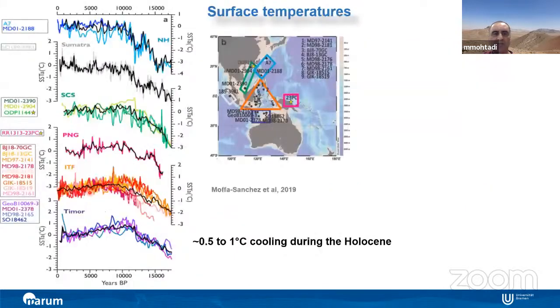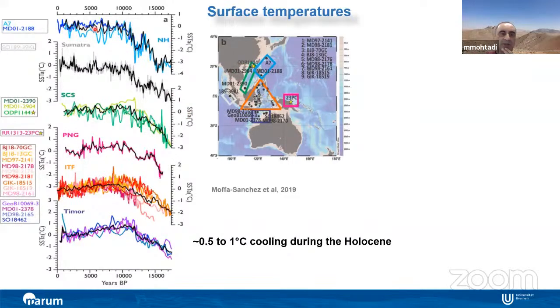What about sea surface temperatures? This is a compilation again by Paula Mafos-Sanchez and others in 2019. What we did then was compile all the SST records from the West Indo-Pacific whirlpool. What we found is that the northern part of the Indo-Pacific whirlpool during the Holocene did not experience any change in the SST. The SST is rather flat if you look at the last 10,000 years.